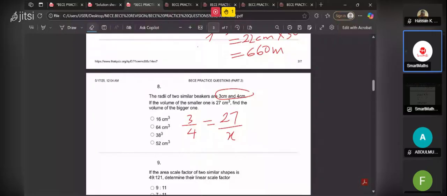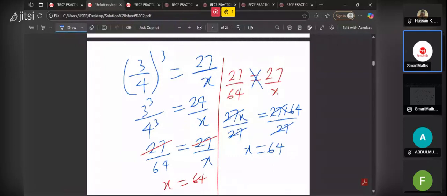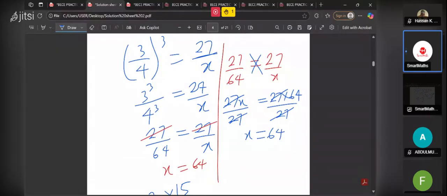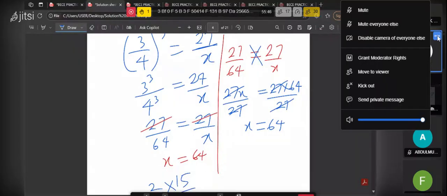You can see this one is cubed. We are going to put this one raised to 3, raised to 3. By doing so, we have changed it to volume. So we have 3 raised to 3 over 4 raised to 3, equal to 27 over x. So 3 raised to 3 is 27, and 4 raised to 3 is 64.